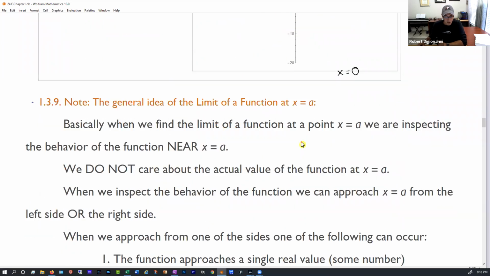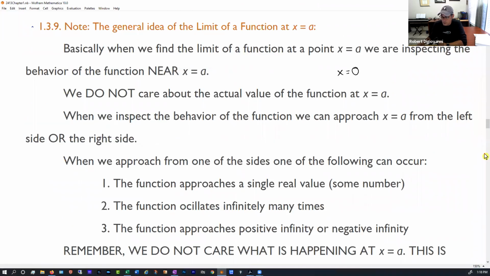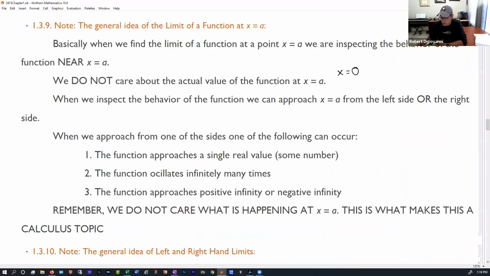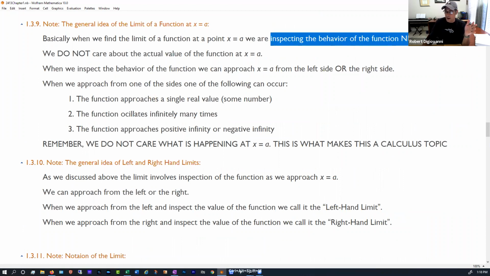Good. Okay, now with all of that covered, let me zoom this out a little bit so it's easier to read. Now remember, all these notes are online, you can get to these. It says here, basically when we find the limit of a function at a point x equals a, we are inspecting the behavior of the function near a, right?